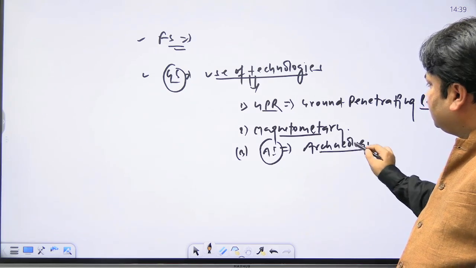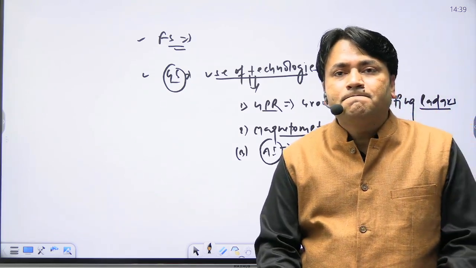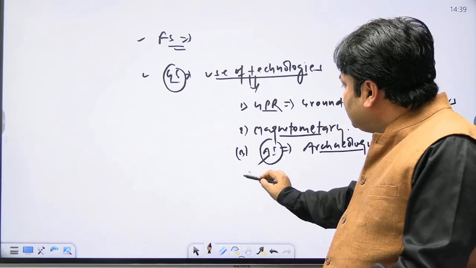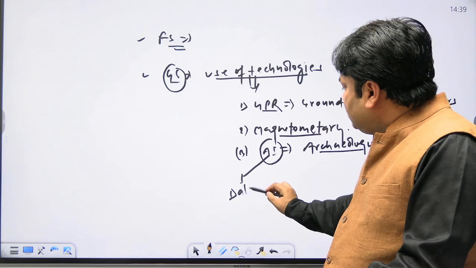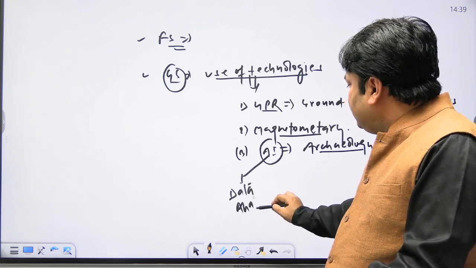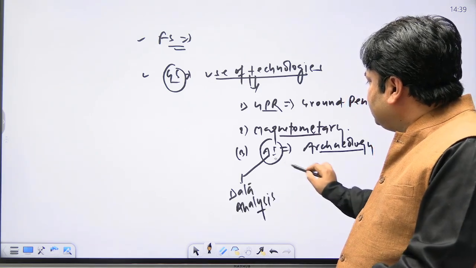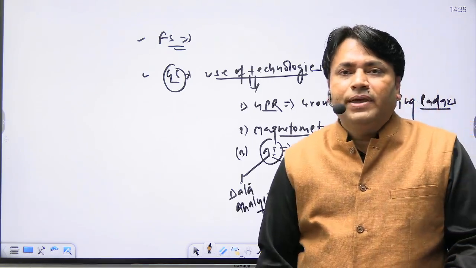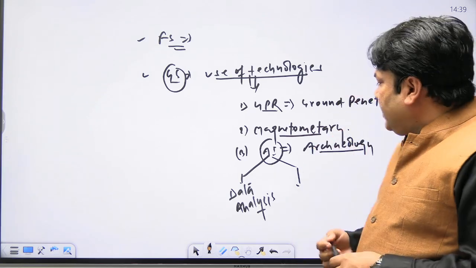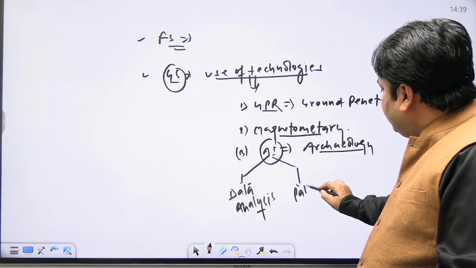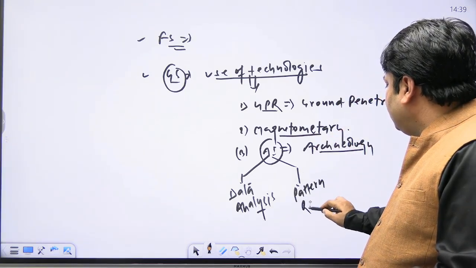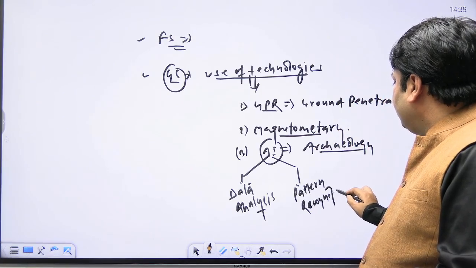And what does this artificial intelligence help in? It helps in the analysis of data. It also helps in the recognition of patterns, that is called pattern recognition.